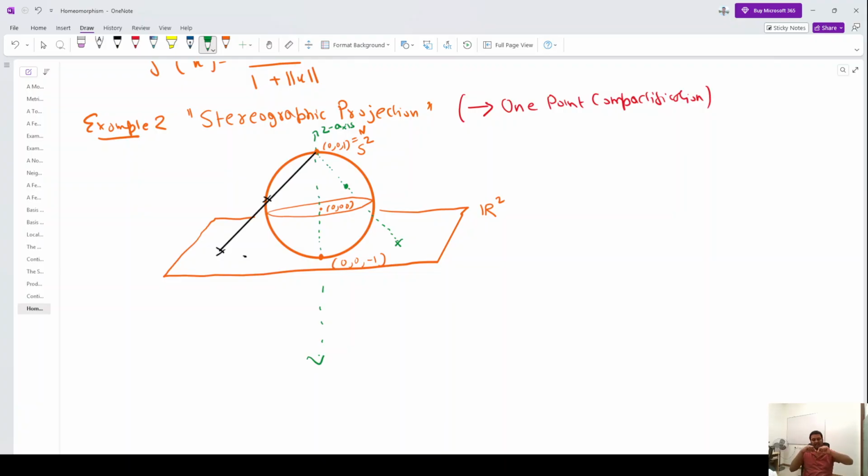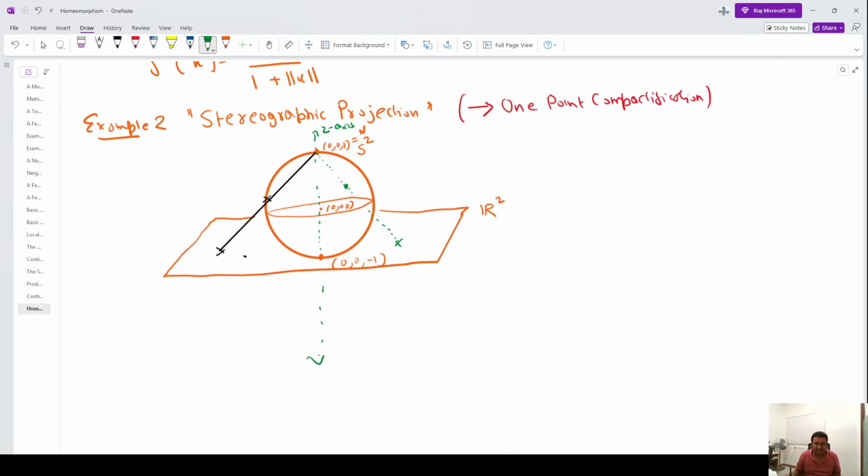You will see from the North Pole it will cut exactly one point on the sphere and go to one point on R2. And similarly, from R2, when you join the North Pole, you get exactly one intersection point of this ray connected with the North Pole on the sphere other than the North Pole.